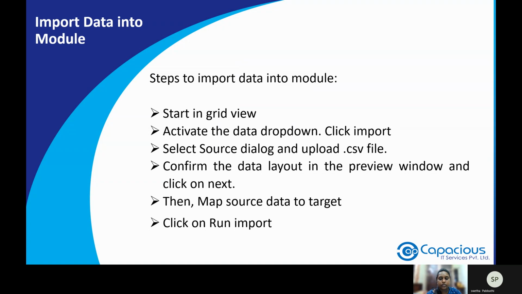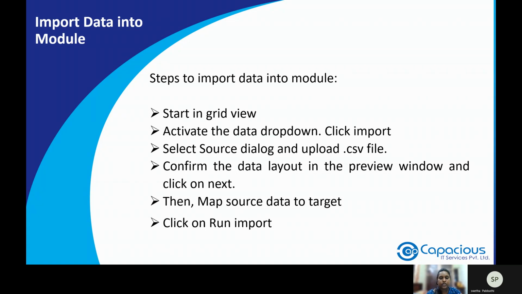After that, we come across the option as import. By selecting that, we get a source dialog box that opens, and there we can see upload new file. By using that button, we can confirm the data layout in the preview window and click on next. Then the mapping window will open.